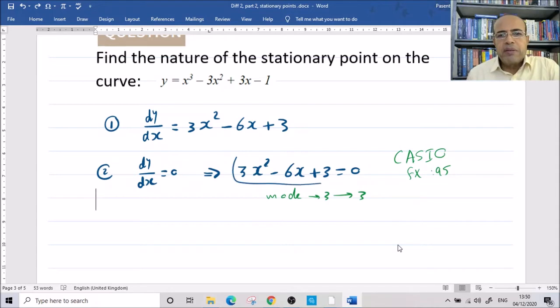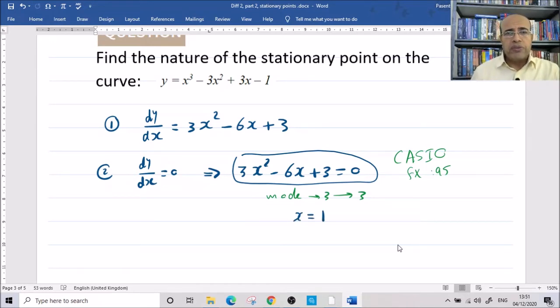When you use the calculator, you will get x equals 1. So it is 1 root by using the calculator.